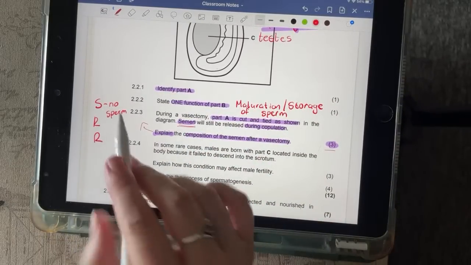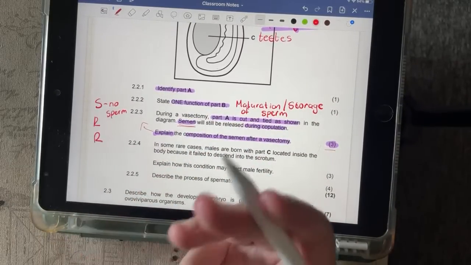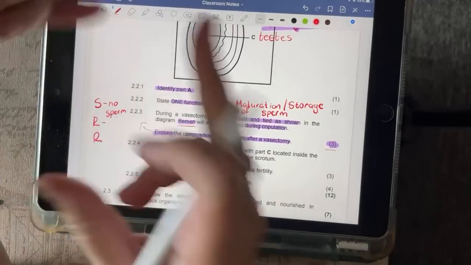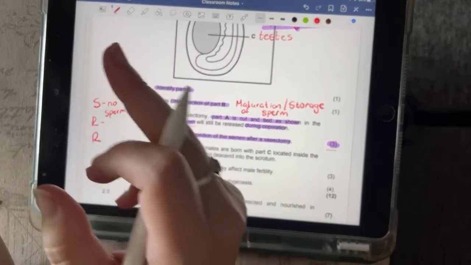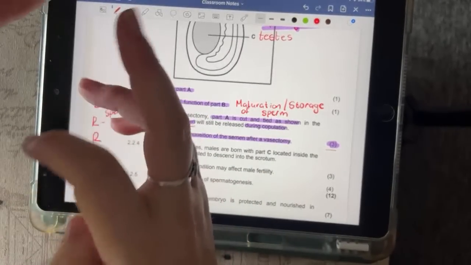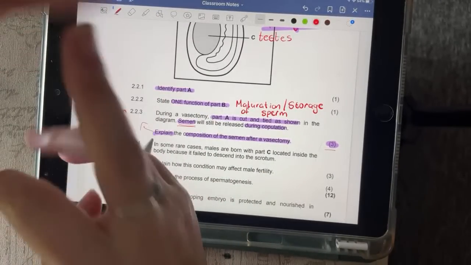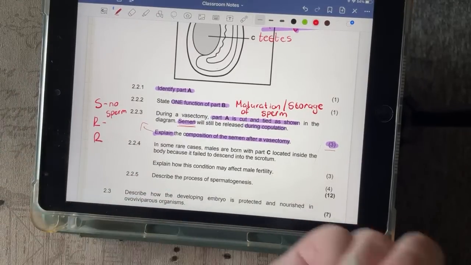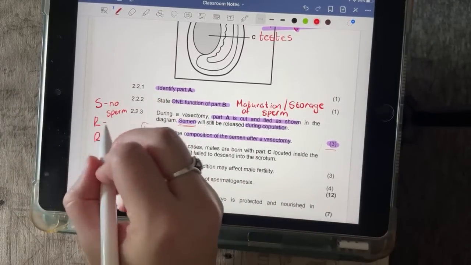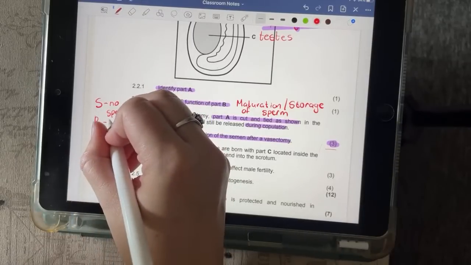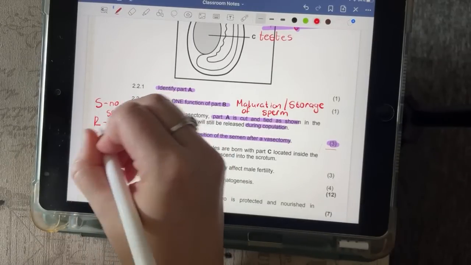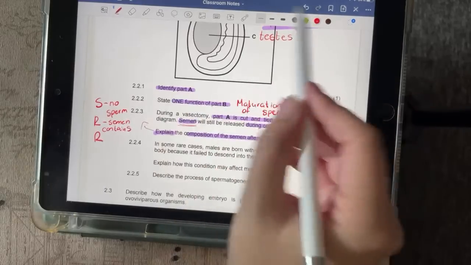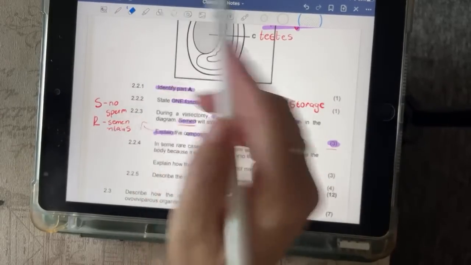And that means if there is no sperm, that's okay, because you'll still have semen, which means that the prostate gland, the seminal vesicle, and the Cowper's gland are all going to still produce their secretions, all right? So we can still say that. So we can say our semen contains, and you can list all those secretions.